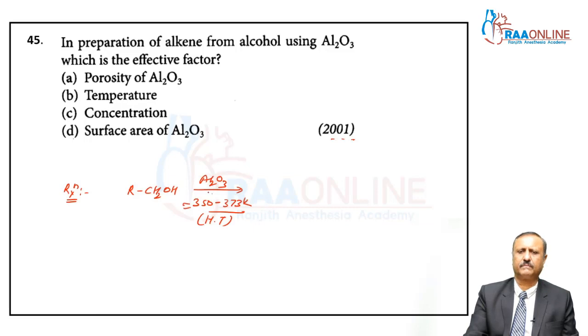Then OH and H are removed, and you get the alkenes. It means temperature is the important factor for this reaction. So, my dear students, you can go to answer B, temperature.